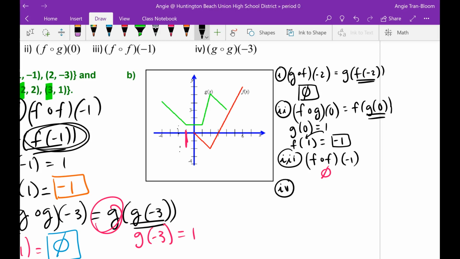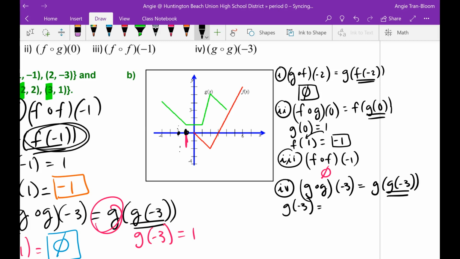Next, g composed with itself of -3. By definition, this is g of g of -3. So we're going to look at g of -3 first. When the input is -3, go up, go over to see what the output is. The output is 3.